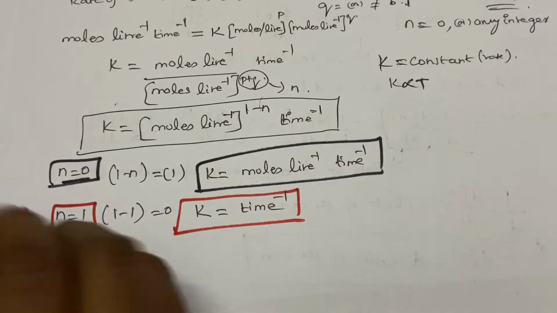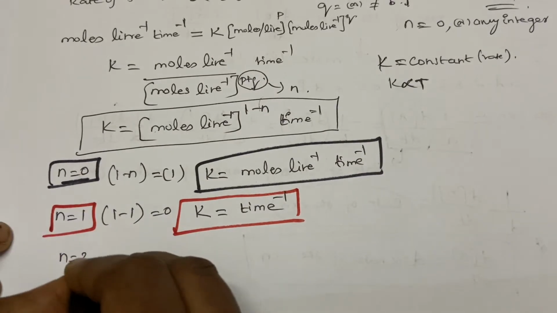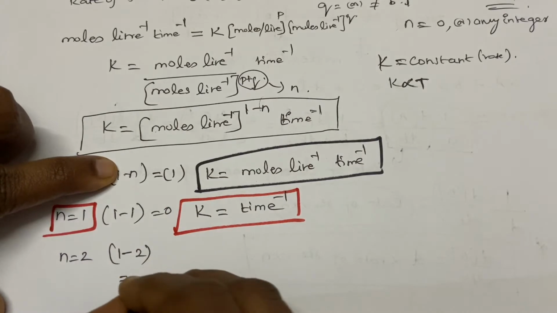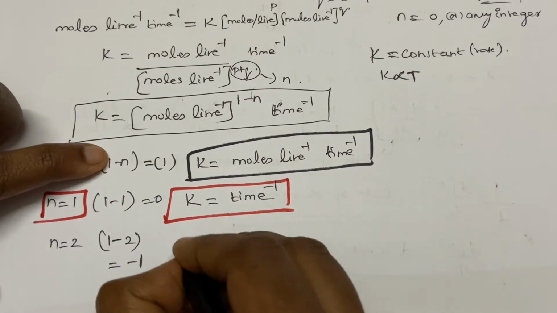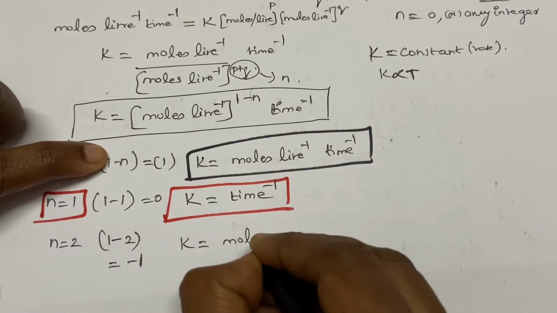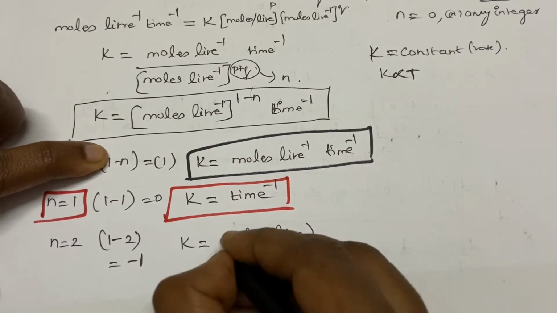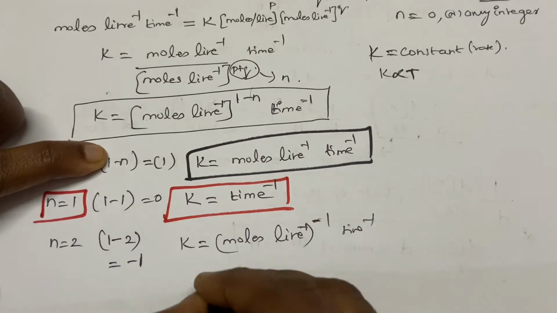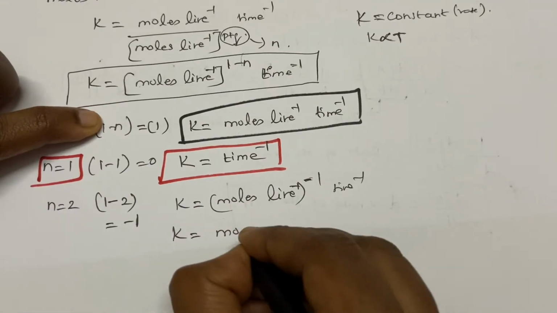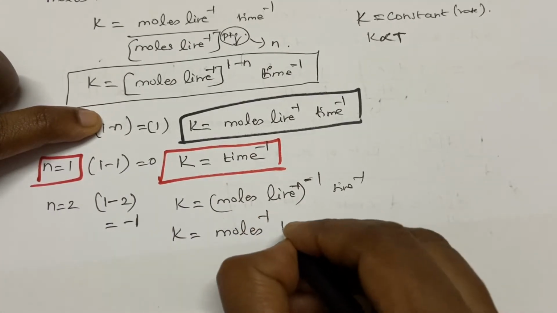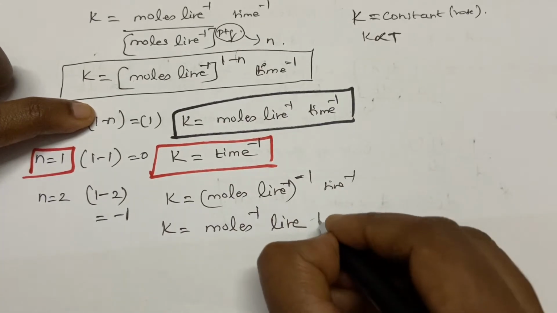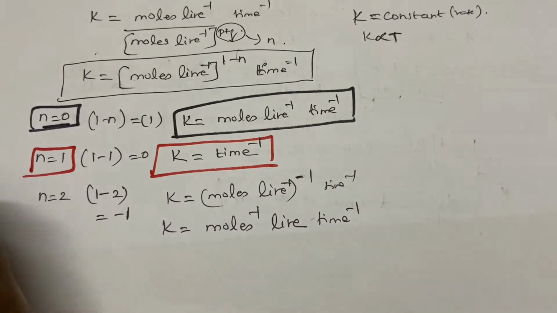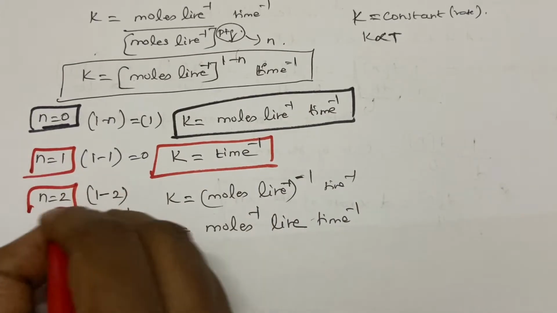See, for a second order reaction, n is equal to 2. So 1 minus 2 will be equal to minus 1. So k is moles per liter to the power minus 1. What will happen, students? So k is liter mole inverse time inverse, and this is for the second order reaction.